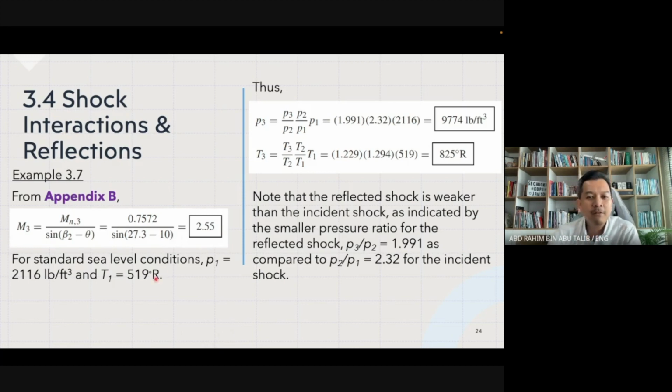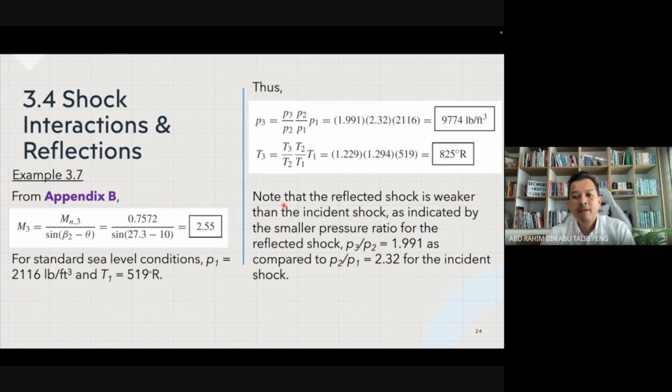For standard sea level condition, we know that the pressure is 2,116 pounds per square feet, okay? And T1 equal to 519 degrees Rankine. So thus, you can then get the corresponding pressure as well as the temperature at region 3, the reflected shock region.